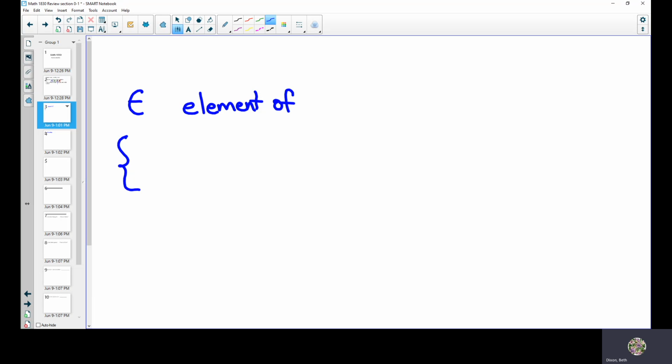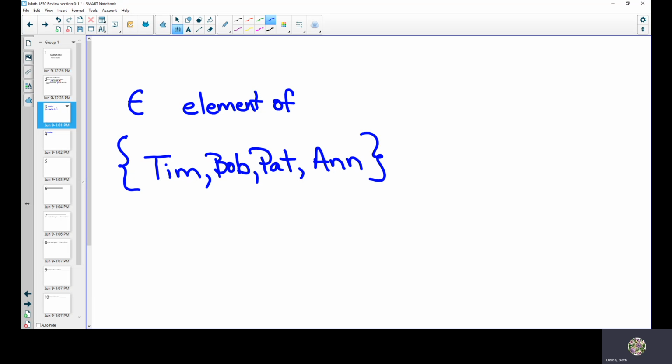But let's pretend that there are people in my class: Tim, Bob, Pat, and Ann. And those are the people in my class. So that's the set of people in my class.